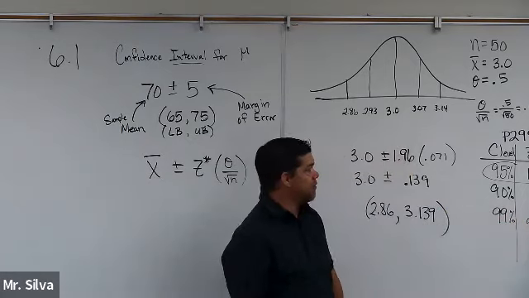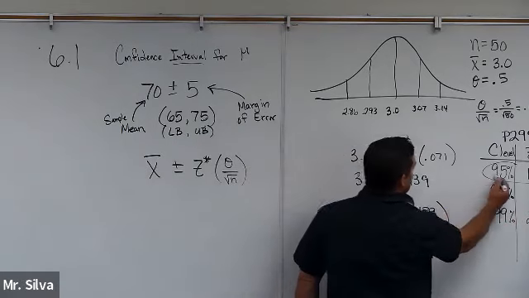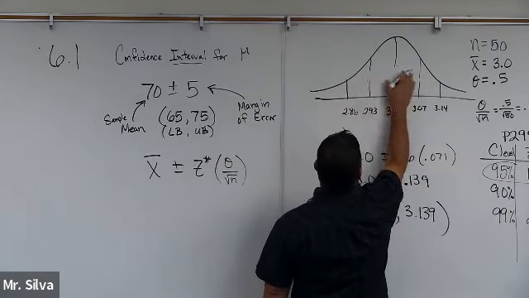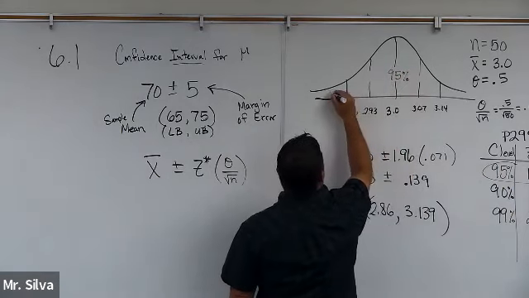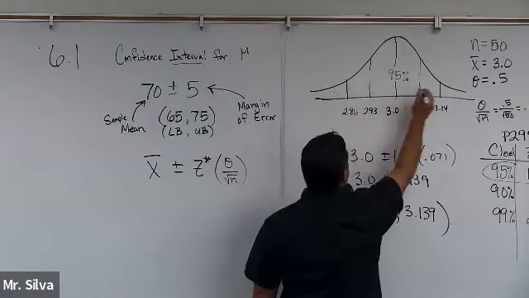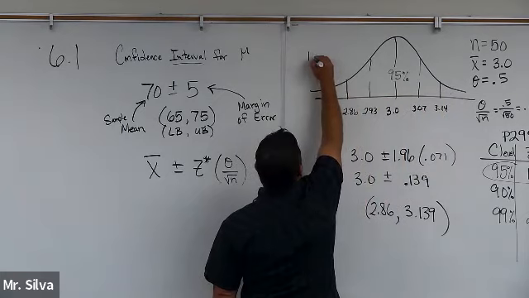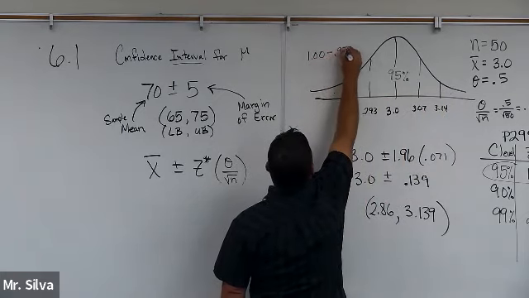Okay, if I do inverse norm, if I want to know for 95%, where does the 1.96 come from? Well, if the middle is 95%, if this is 95% right here, that leaves 5% for this one and this one. So what I do is I take 1.00 and subtract 0.95.